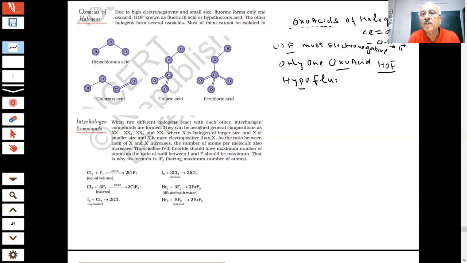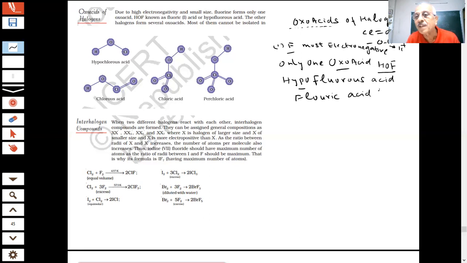The names are important because there is some confusion in the exam. Hypofluorous acid is also called fluoric acid. If a question is given, write the structure of hypofluorous acid, and I don't know what hypofluorous acid is, how will I write the structure? That is the problem.